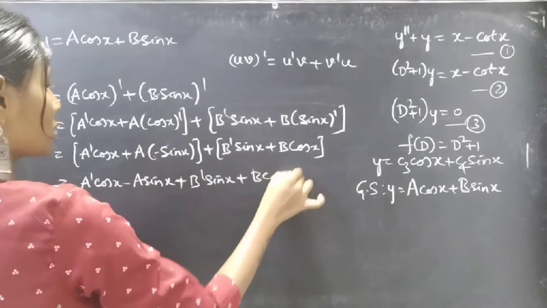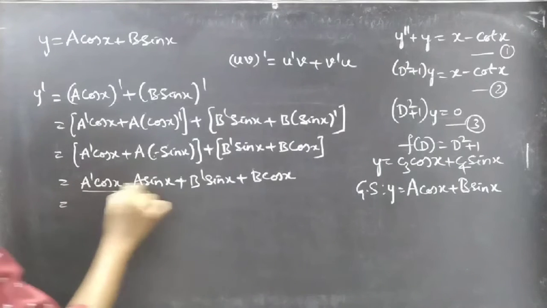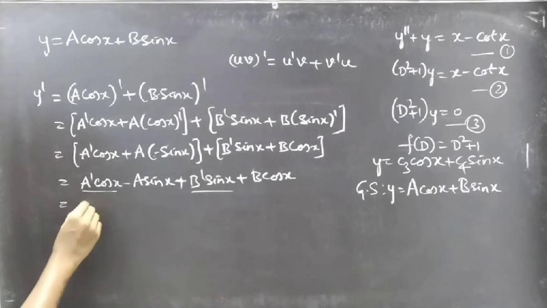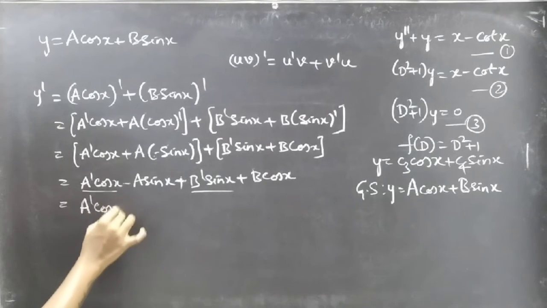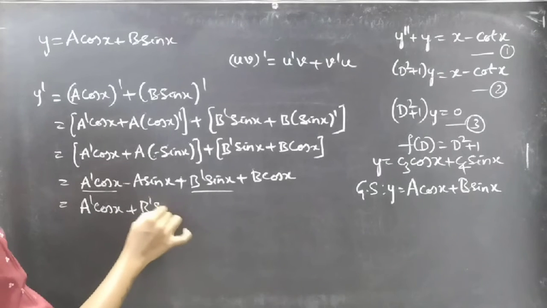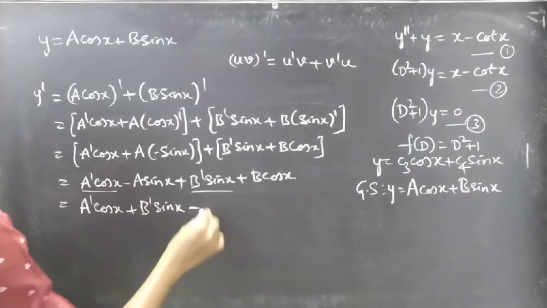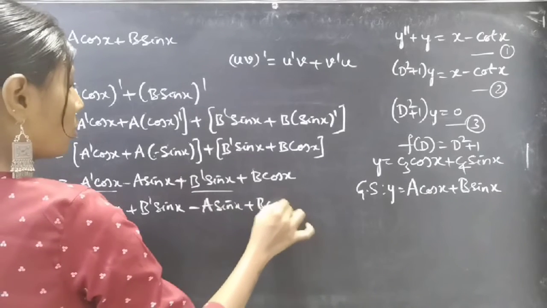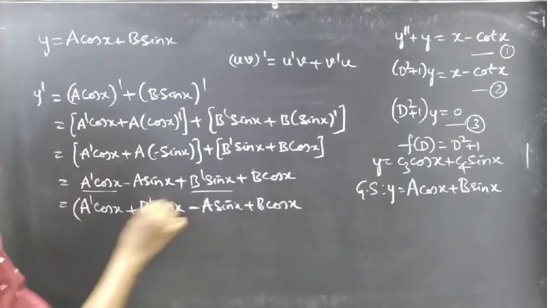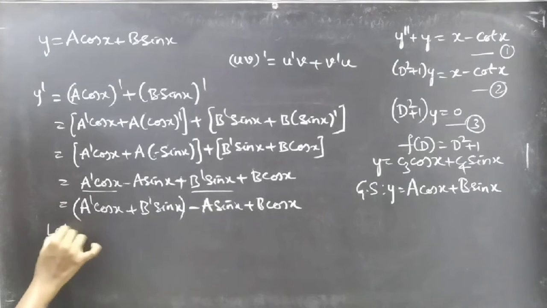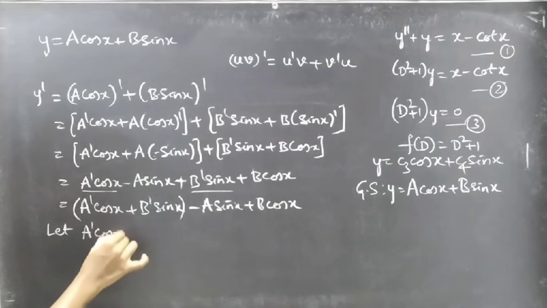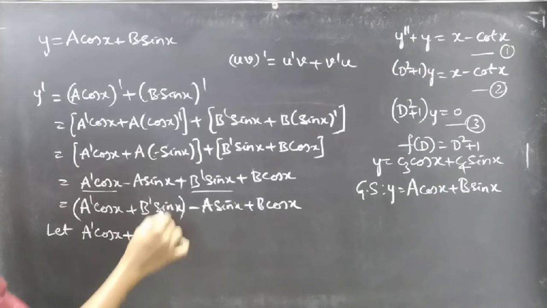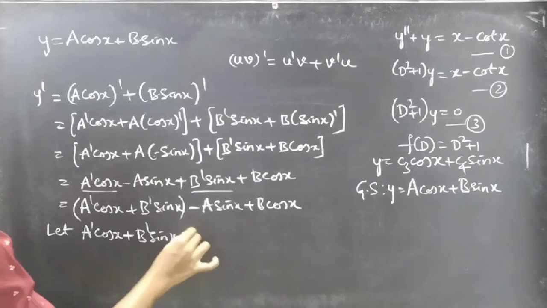Now write the terms involving a dash and b dash. Firstly, we'll have a dash cos x plus b dash sin x. Now write the remaining terms: minus a sin x plus b cos x, right? Now let a dash cos x plus b dash sin x equal to 0.